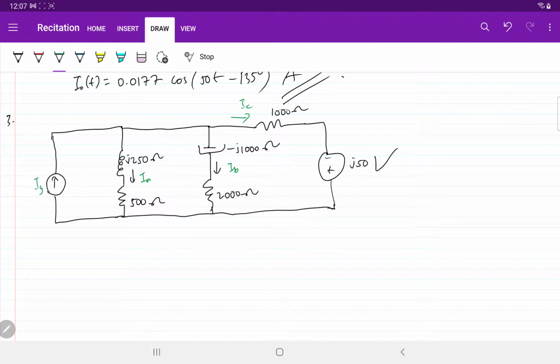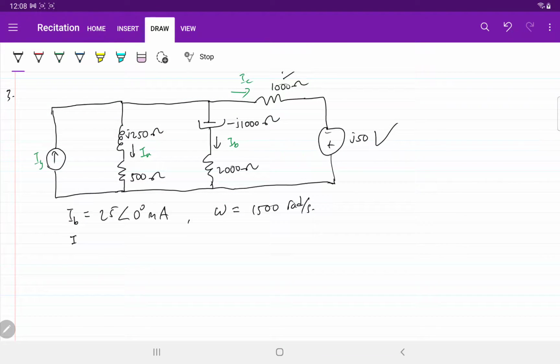Okay, now it is given that IB is 25 milliamps and omega is 1500 radian per second, and the question is what are IA of t, IC of t, and IG of t.